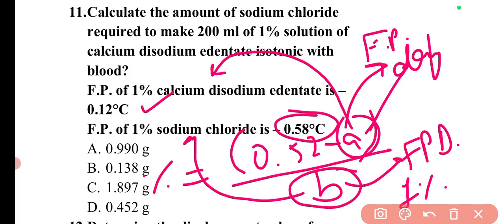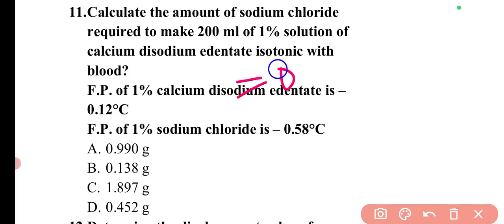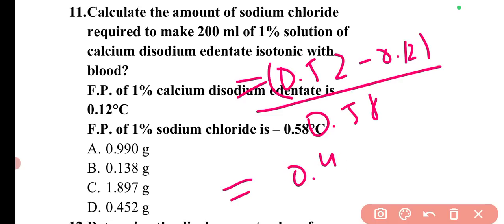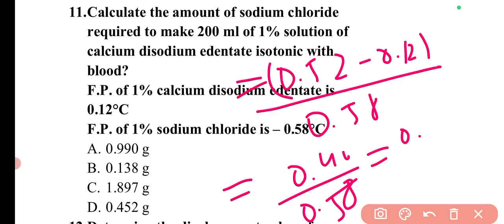We can simply put in the values: 0.52 minus 0.12 whole divided by 0.58. After solving, this will be 0.40 divided by 0.58, which becomes 0.69%. So this is the percentage.